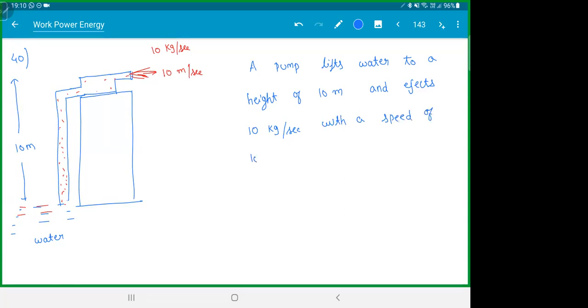All are 10. The efficiency of the pump is 40%. Efficiency meaning if I give you 100, you're actually only using 40, the remaining is wasted. The efficiency of the pump is 40%.